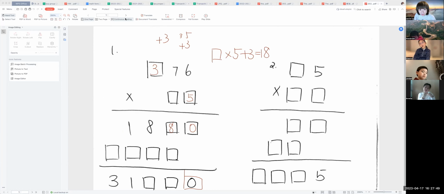Very good. Okay, now let's take a look at the next one. In order to get this one, 31,000 something, everybody, maybe here is 30 something, correct? So which number times 376 will be 30 something? Here will be a number bigger than 5 or smaller than 5, everybody?